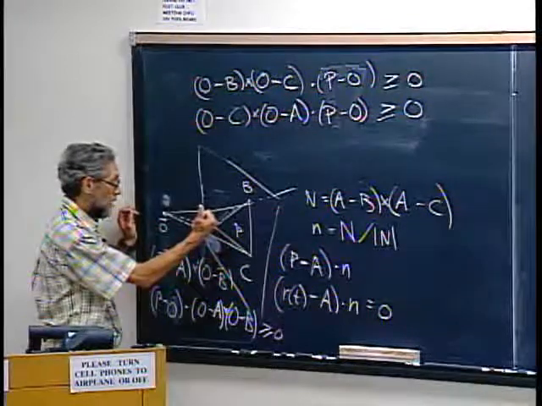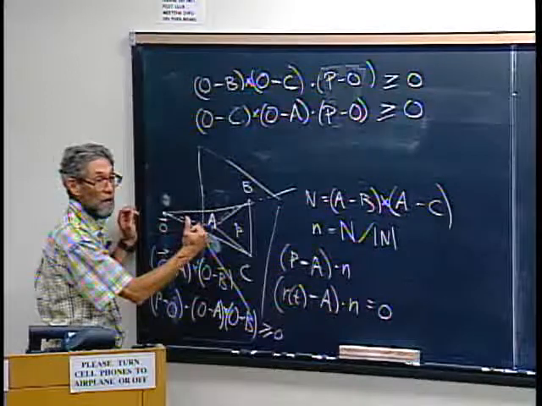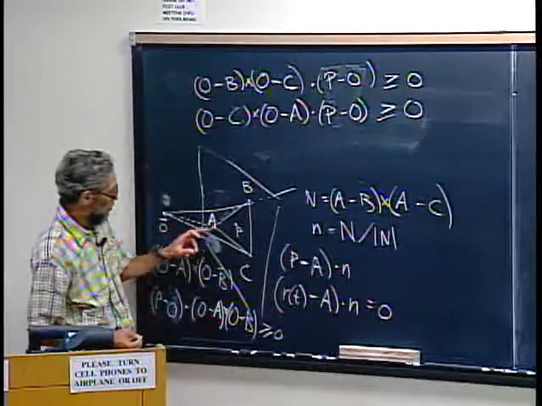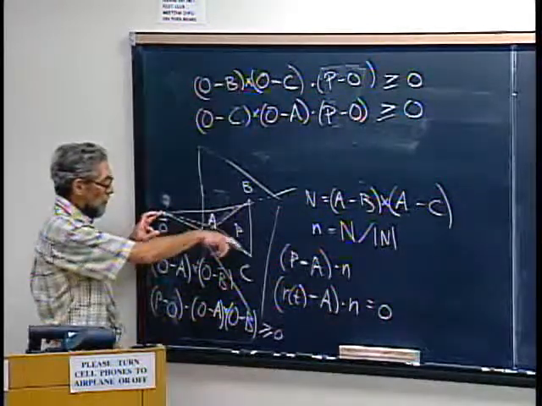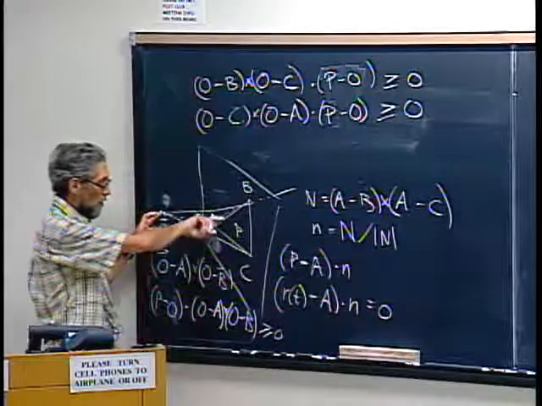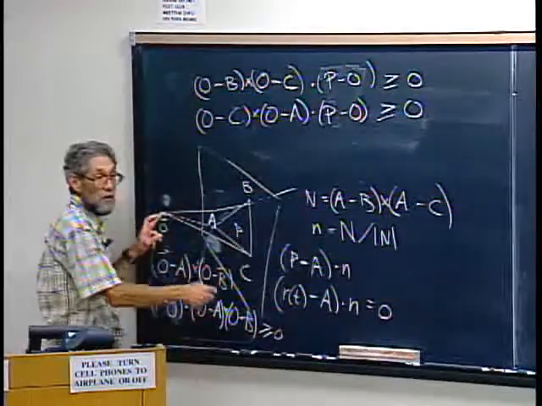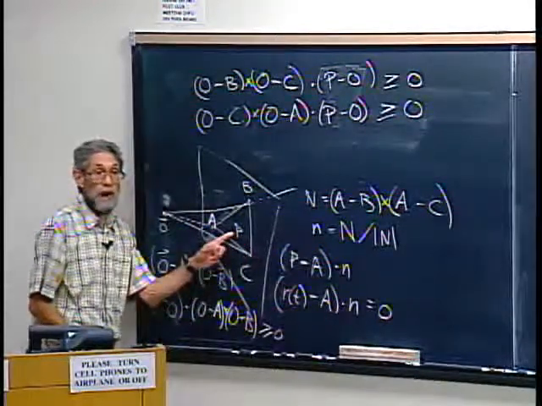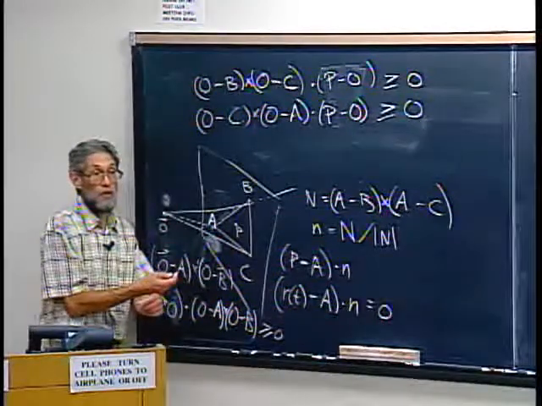C, B is clockwise. So basically, there's a sign test here. If the viewpoint makes this triangle look clockwise, then these tests should be greater than or equal to 0. But if the viewpoint makes the triangle look counterclockwise, then the test should be less than or equal to 0.